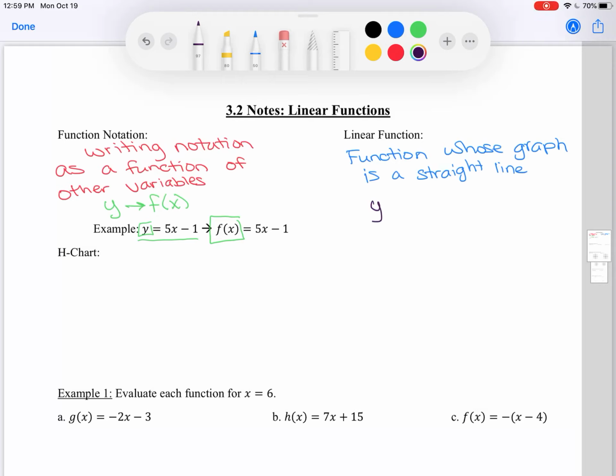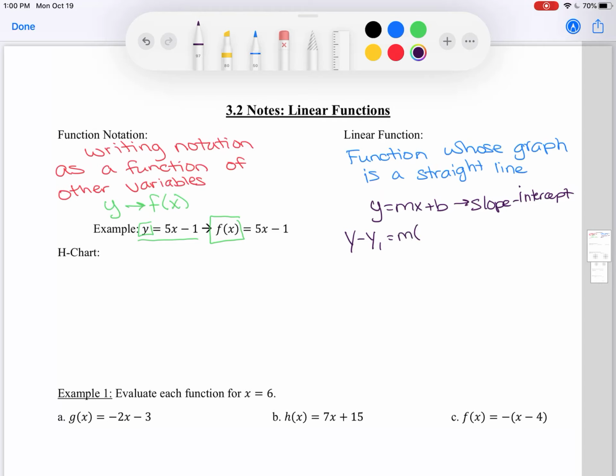And if you remember from our section of notes last unit, okay, we talked about 2 forms of a linear function. Those forms were y equals mx plus b, and the name for that was slope-intercept form. Again, it's still a linear function.